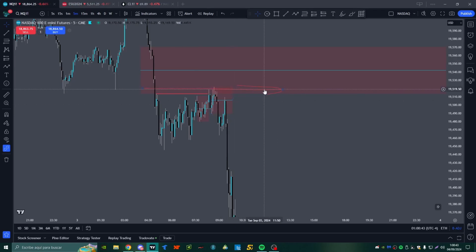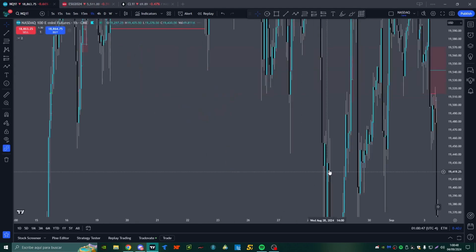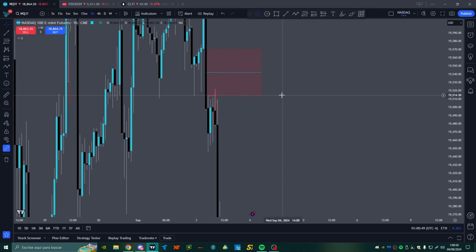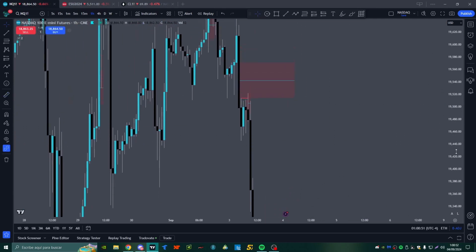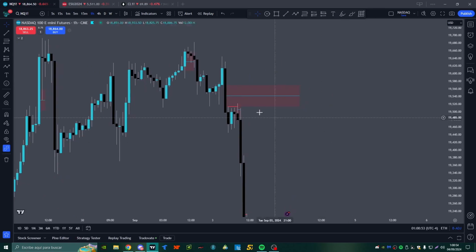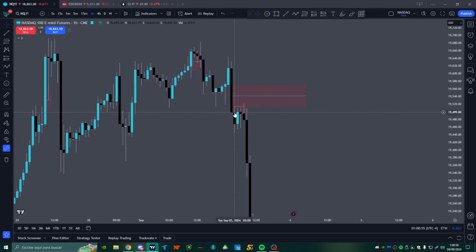Happy. This was the one I entered, let's say, within an hour. The wick went a few points further, but nothing major. This is basically that entry. Accumulates a bit, generates some liquidity, swipes, touches the imbalance, and goes.